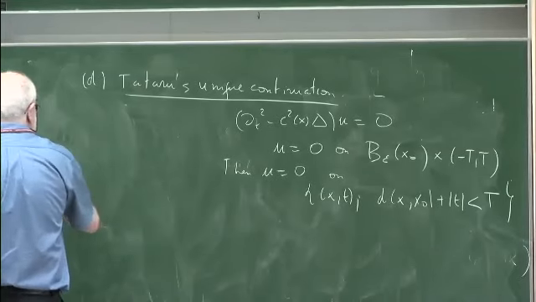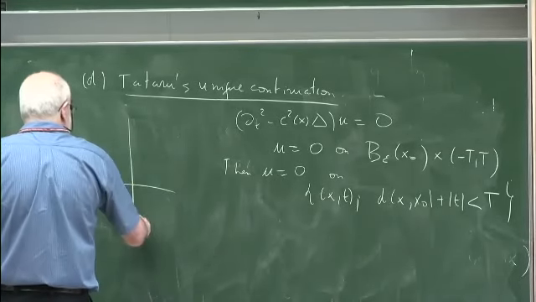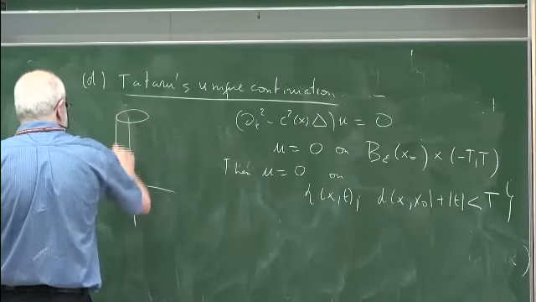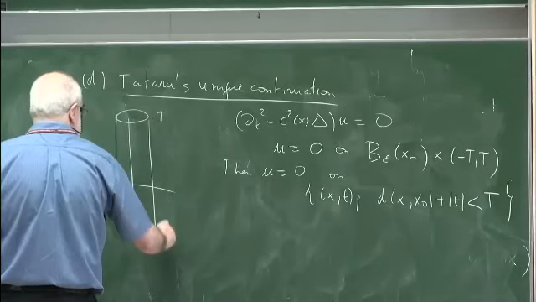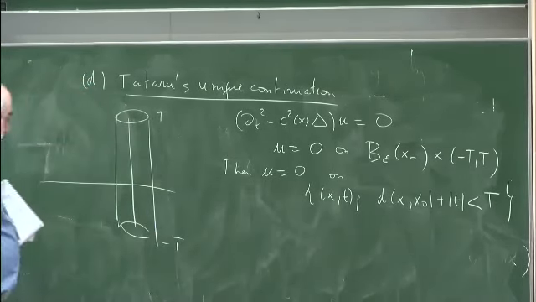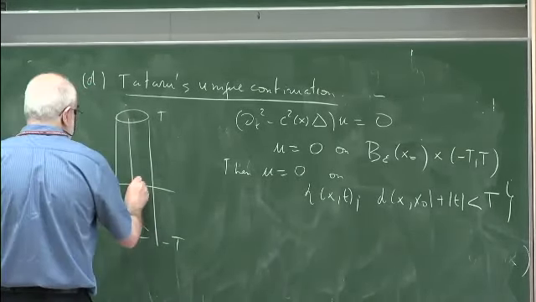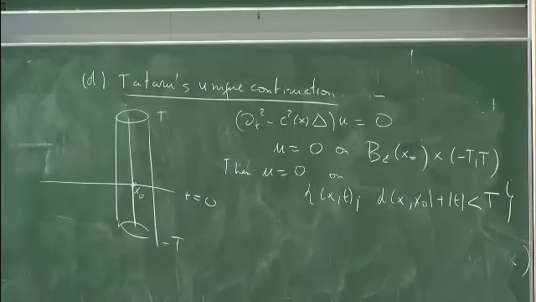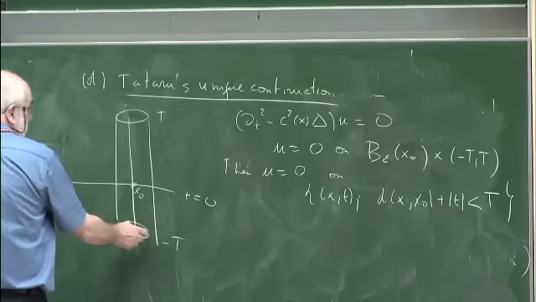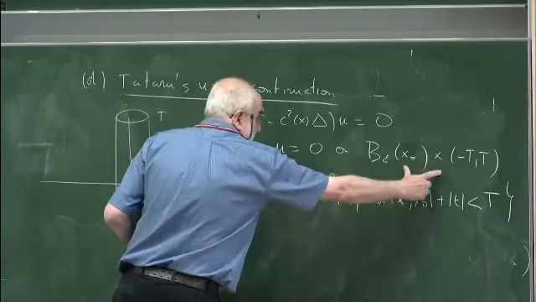Here you know the solution is 0. This is T, this is minus T. This is the point x0. This is time t equal to 0. So this is the ball of the cylinder, this cylinder here.